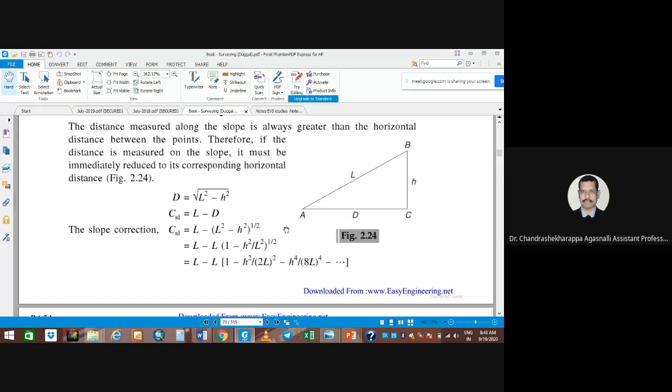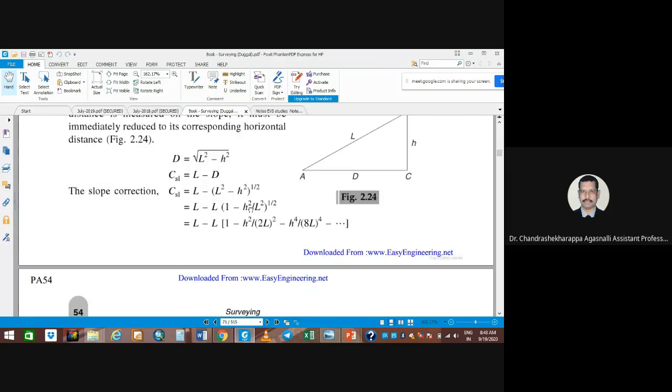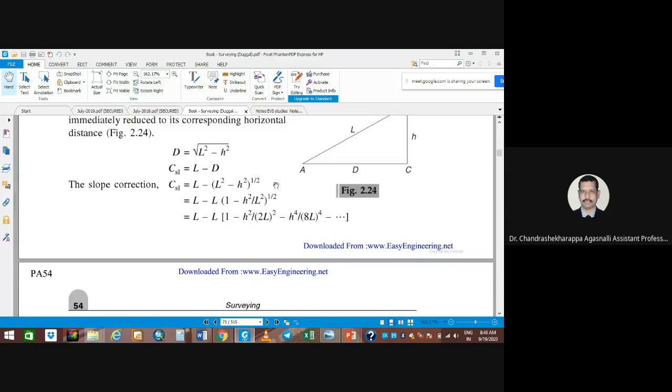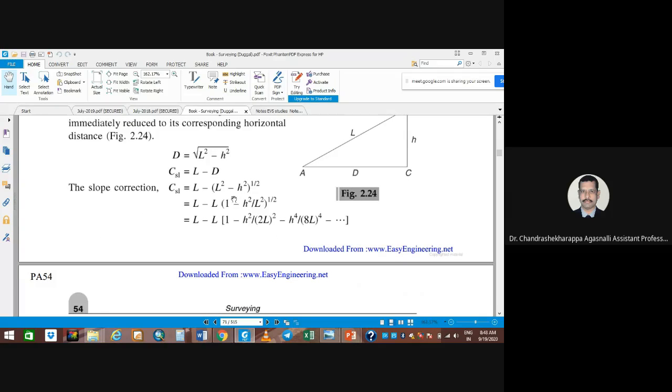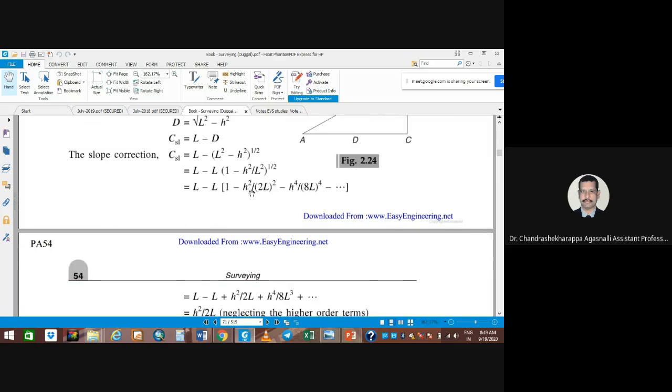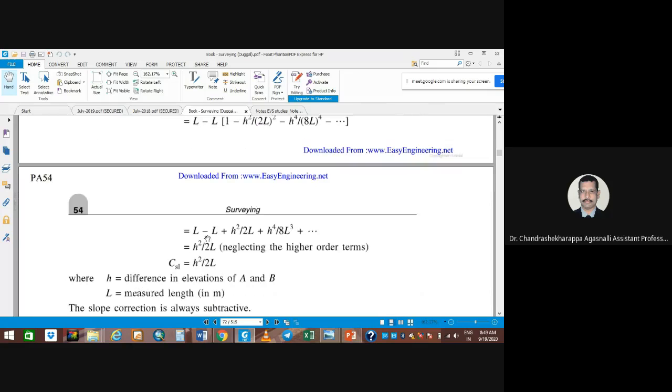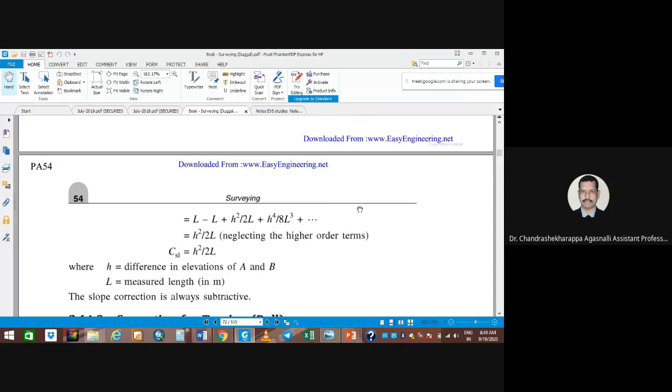That is for the first and second terms. Apply the square root here and you get the final answer: H squared by 2L plus H to the 4 by 8L cubed, neglecting the higher order terms.